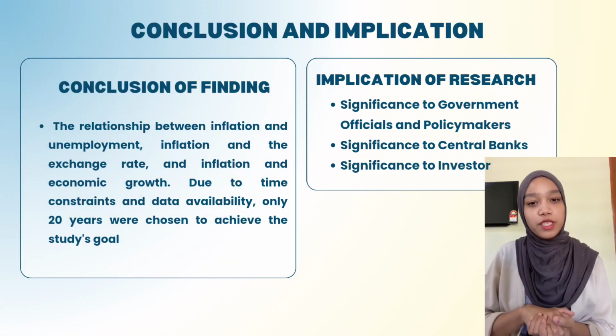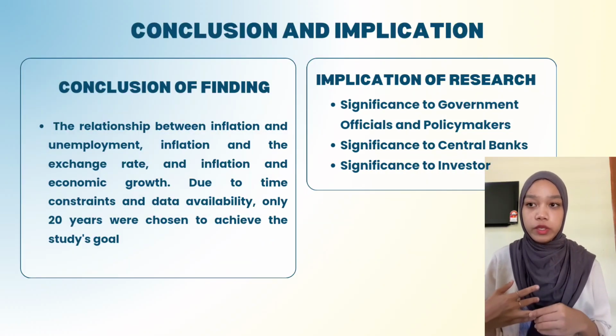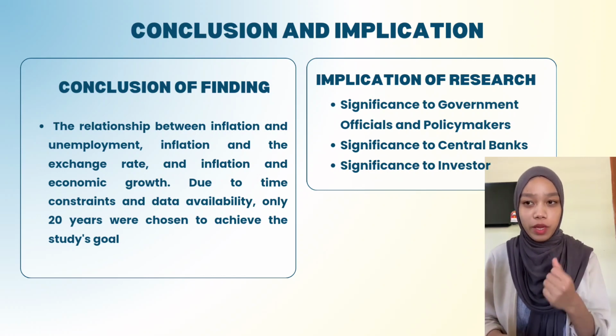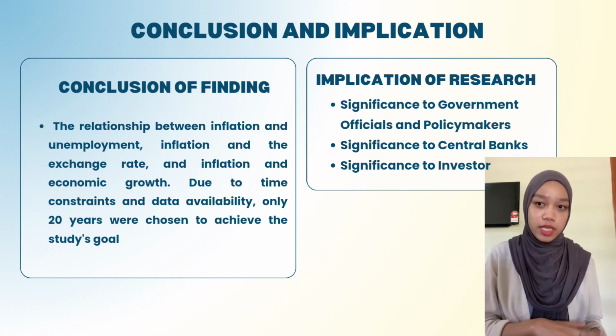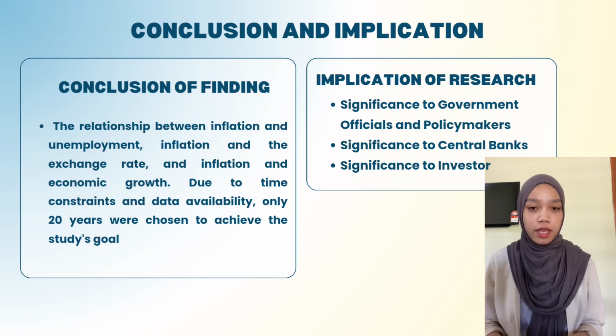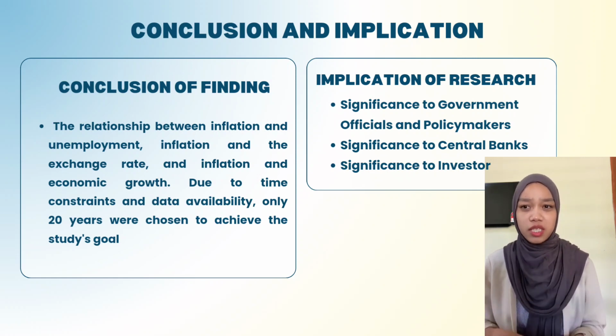So next, I'm going to proceed with Chapter 5, which is the conclusion of the research. The purpose of this study was to examine the relationship between inflation and unemployment, inflation and exchange rates, and inflation and economic growth. Due to time constraints and data availability, only 20 years were chosen to achieve the study's goal.